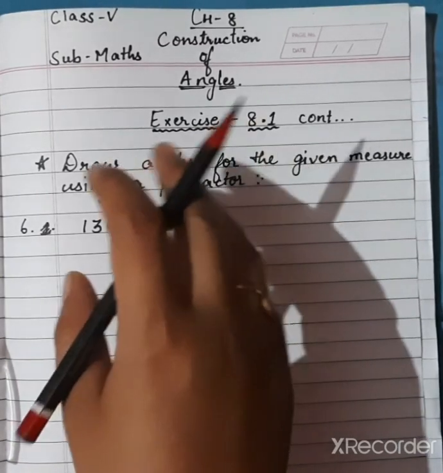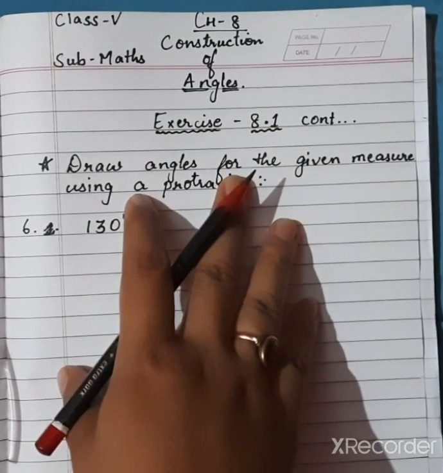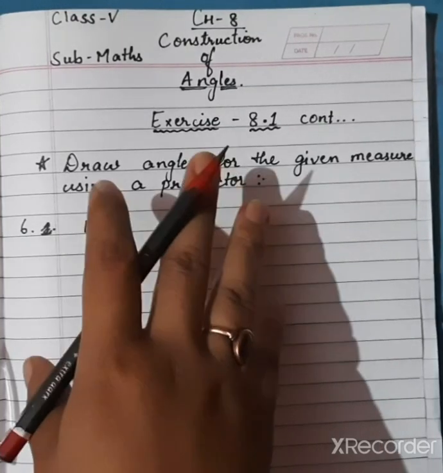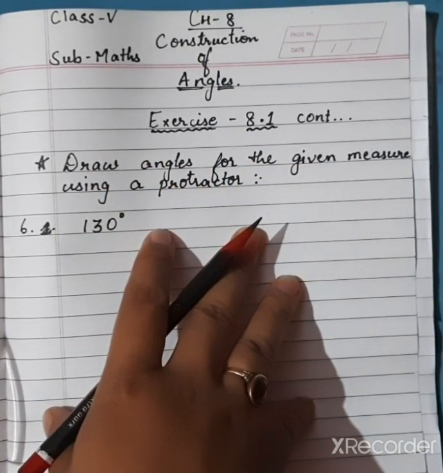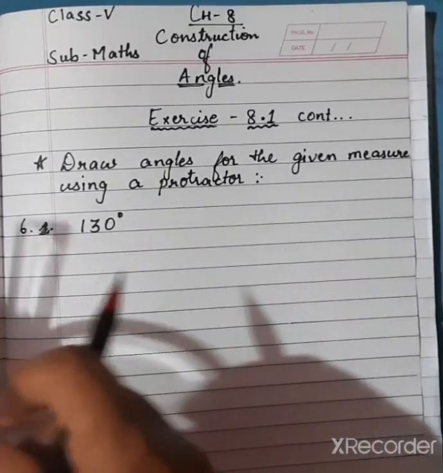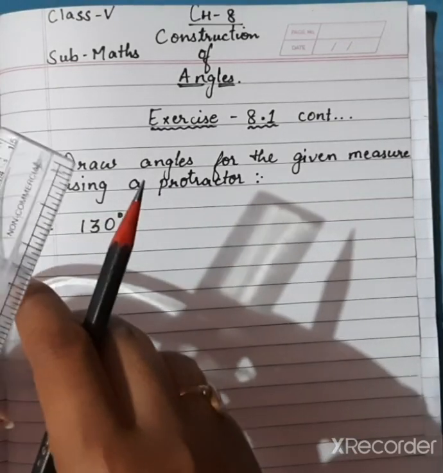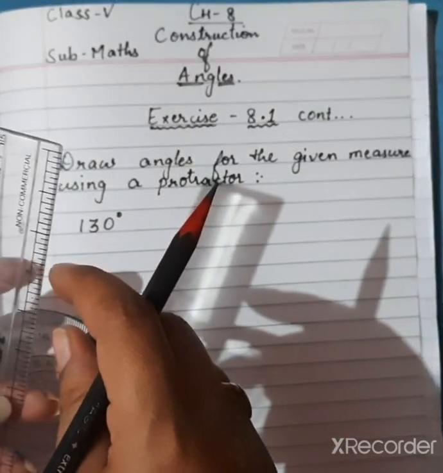The explanation with the rounder is just for your information, and it will be used in your higher classes. So you have to use the protractor, scale and pencil for drawing angles of different measures.